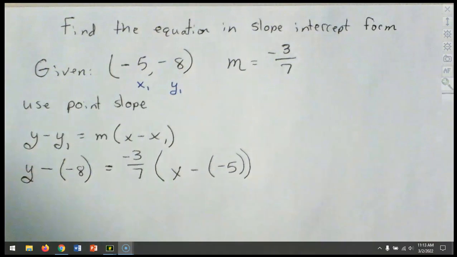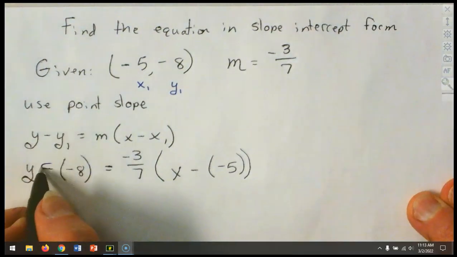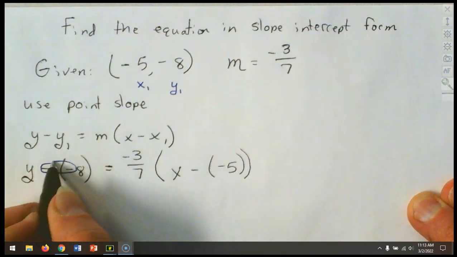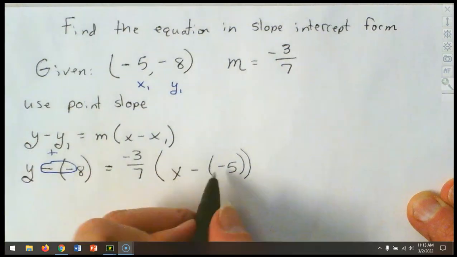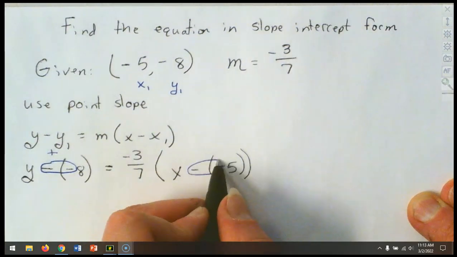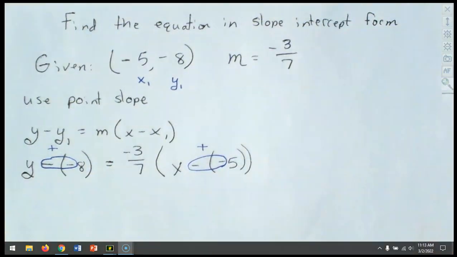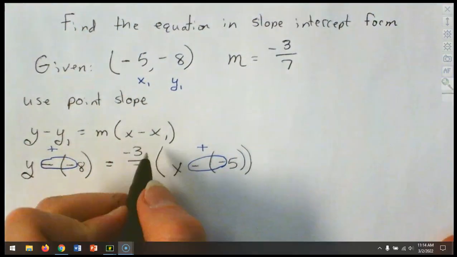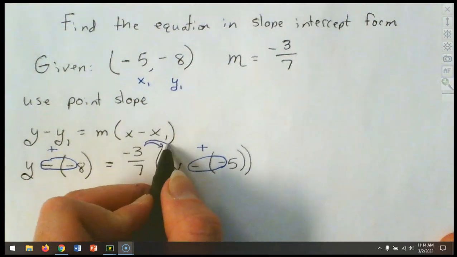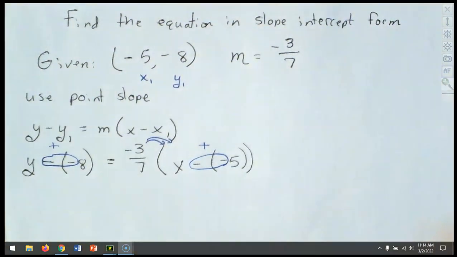Let's go ahead and get rid of the double negatives. So the double negative here makes that positive. The double negative here also makes that positive. And we're going to have to distribute through the negative 3/7.